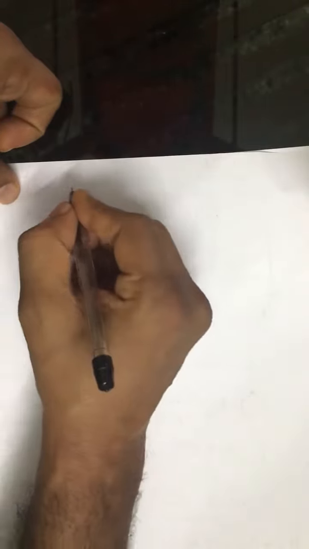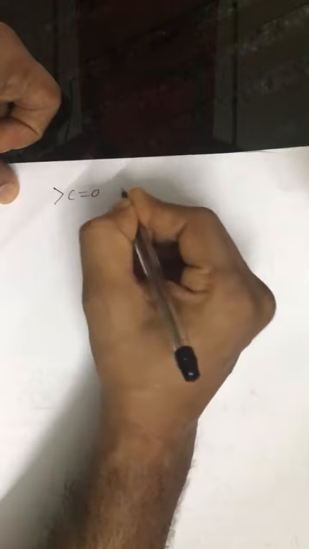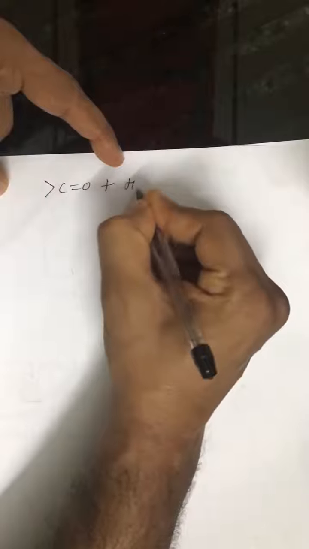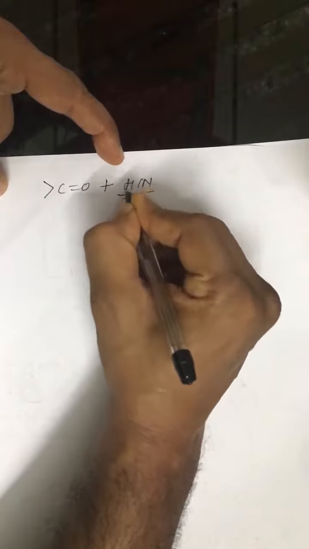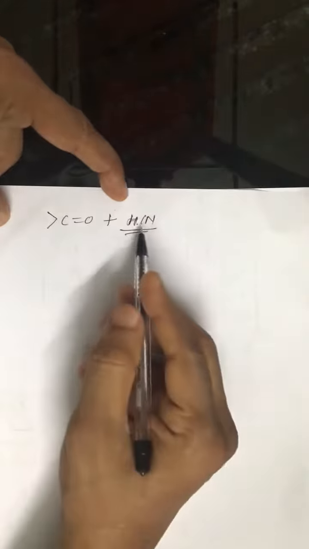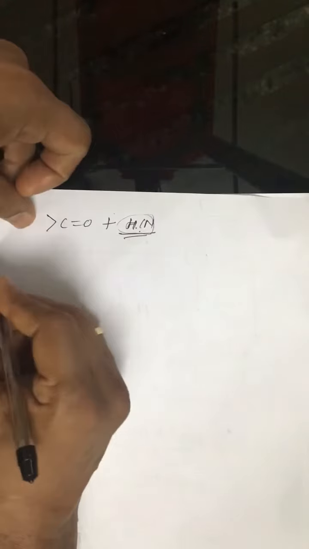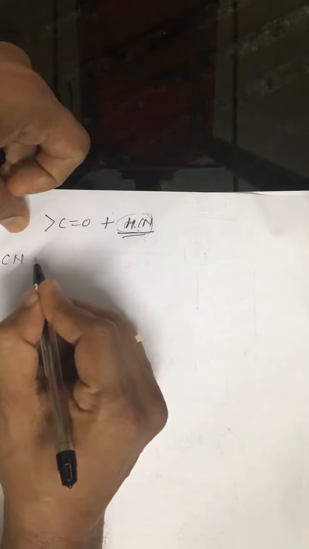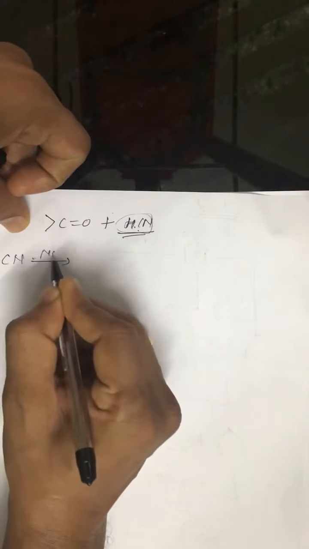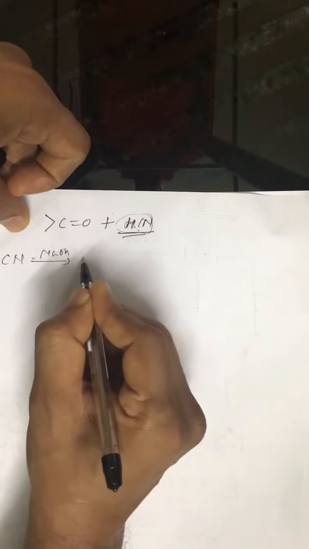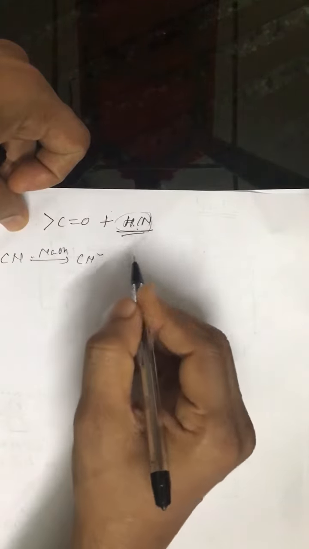Then in chemical properties, reaction of carbonyl compound with hydrogen cyanide. It is a weak nucleophile, it is a weak electrophile, so it does not ionize. So to ionize HCN, we use NaOH, etc., so that we get CN negative.